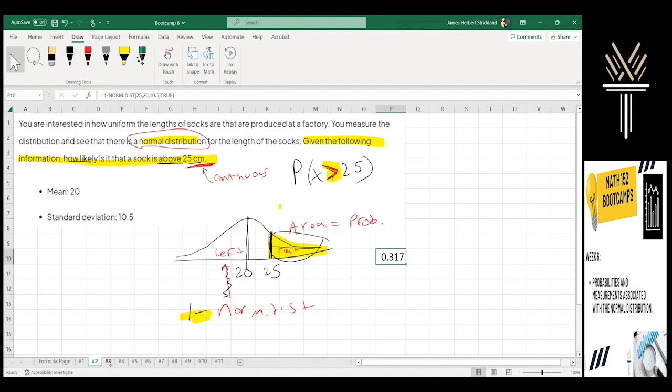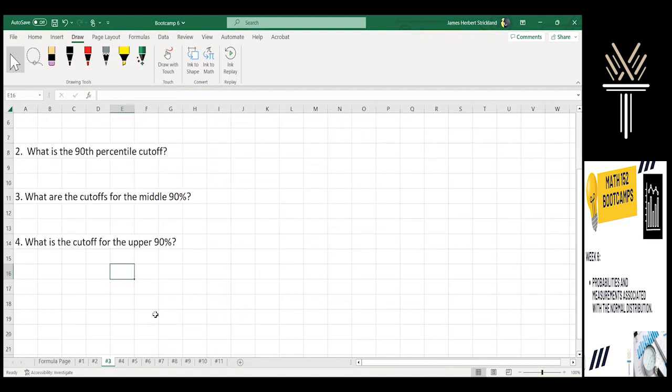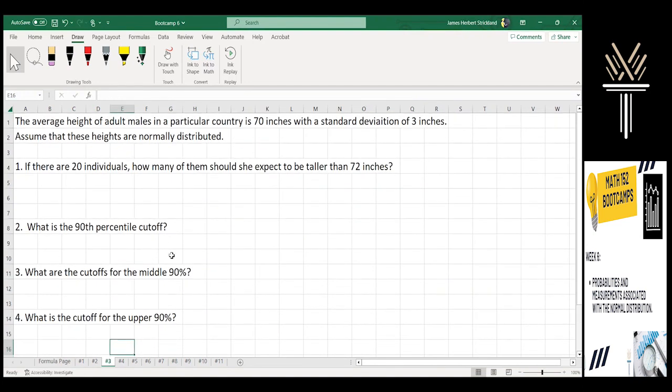Let's try another. I need to scroll up. Here we go. Okay, so a couple vocabulary things. First one, notice we're talking about the word expect. That's our big clue that we're talking about expected value.